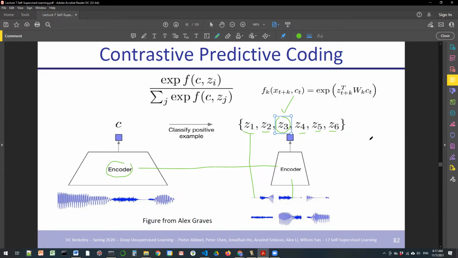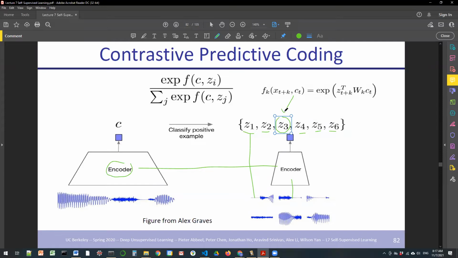There is a ground truth that we know, because we already know what the correct sample is. This is all known. We have the full audio waveform, and then we just take chunks of it, put it through the encoder, take the context chunk, and do what I just talked about. So this is, as you can see, very similar to what is done in Word2Vec.